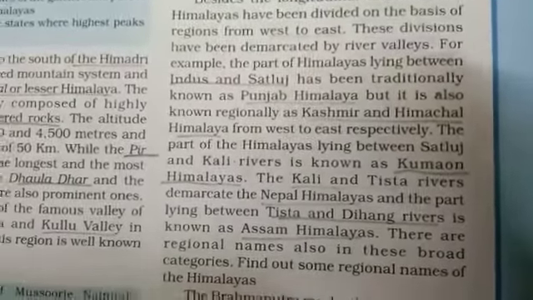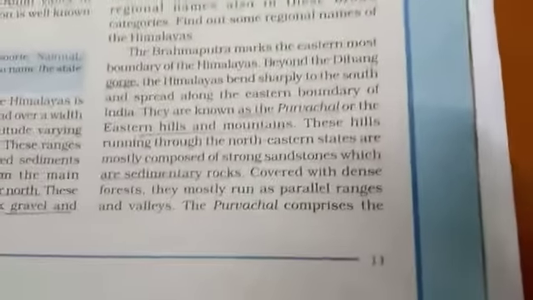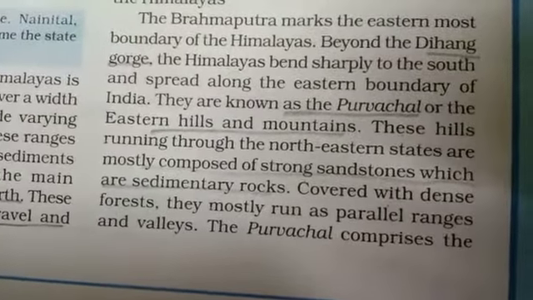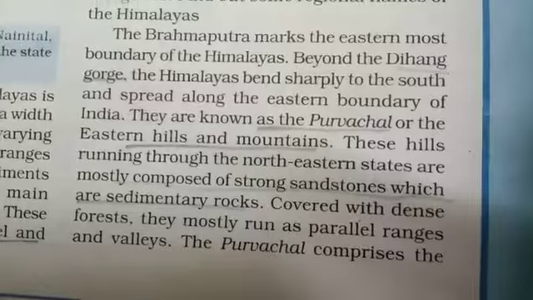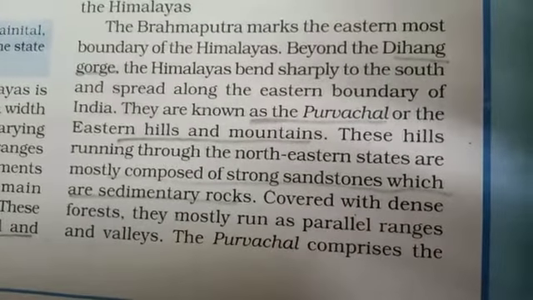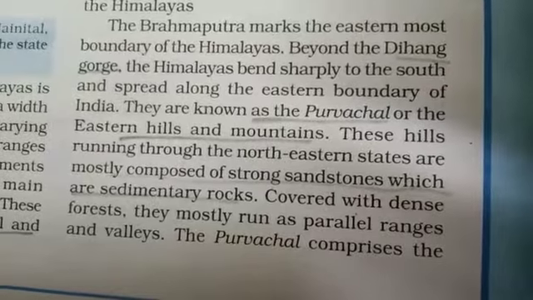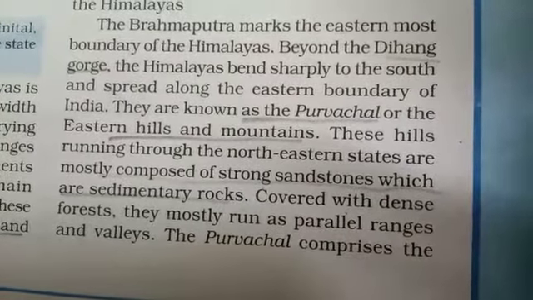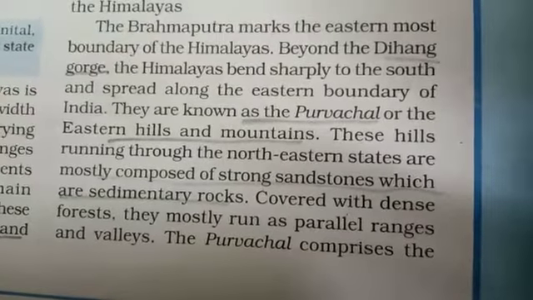Purvanchal: here the Brahmaputra marks the easternmost boundary of the Himalayas beyond the northeastern boundary of India, where we can see the Purvanchal. And Purvanchal has Patkai, Naga, Manipur Hills, and Mizo Hills.